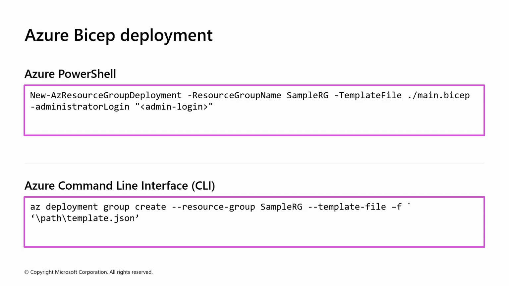Similarly, the Azure CLI command, az deployment group create, achieves the same deployment using a JSON template file. Both methods support deployment scopes such as resource groups, subscriptions, management groups, and tenants, offering flexibility for different organizational needs.